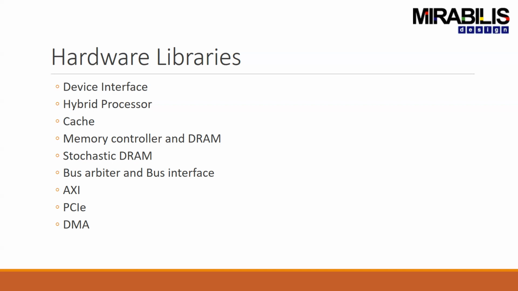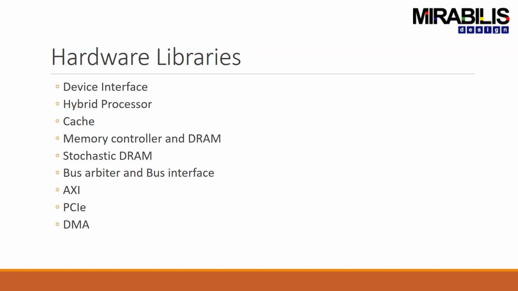But in the memory controller or DRAM, we can configure in detail: RCD, RP, the precharge time, row to column delay, and write and read latency. We have specific configuration for that. In stochastic DRAM, we just have to say what the read or write latency is, and the time it will take for control, like memory controller latency. That is useful for someone who doesn't know how to configure the memory controller and DRAM in detail.